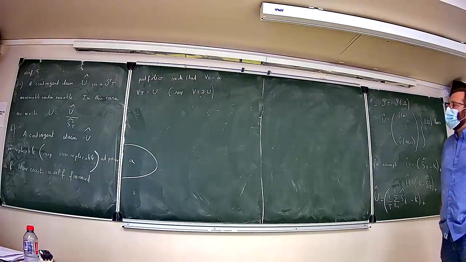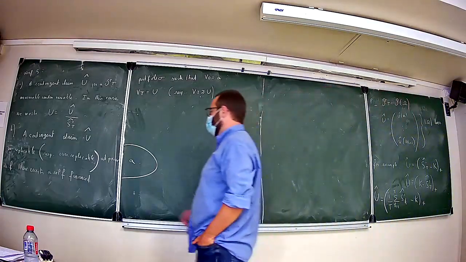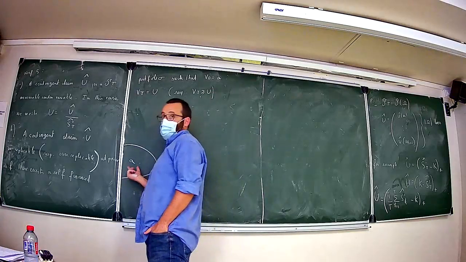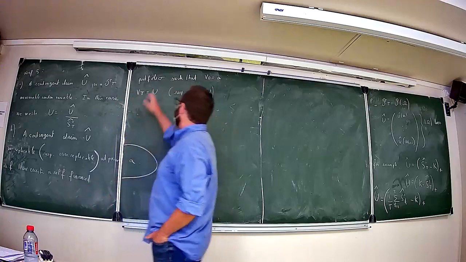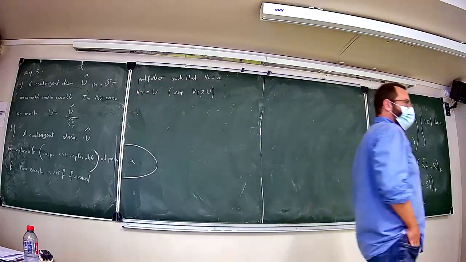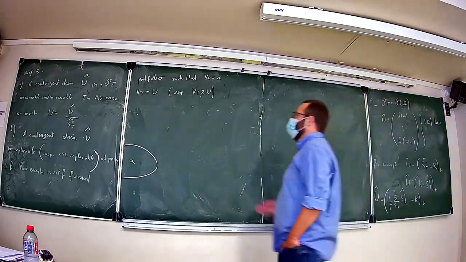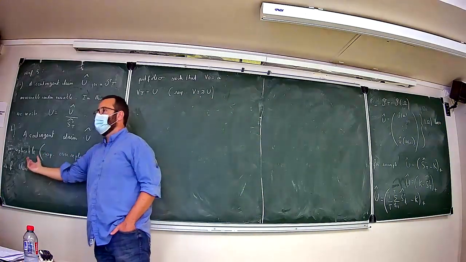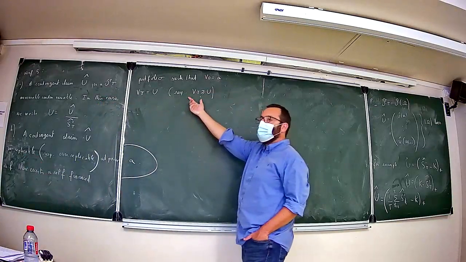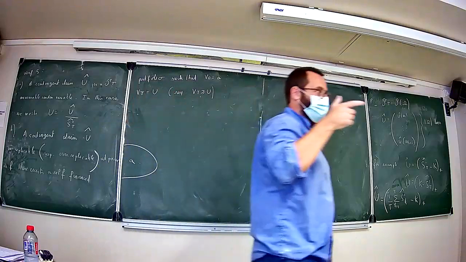A contingent claim U at capital T is replicable or over-replicable at price small a if there exists a self-financed financial strategy such that I start from small a, and my final value is equal to U in the case of replication, and my final value is greater than U in the case of over-replication.